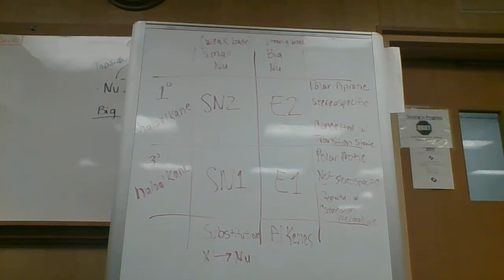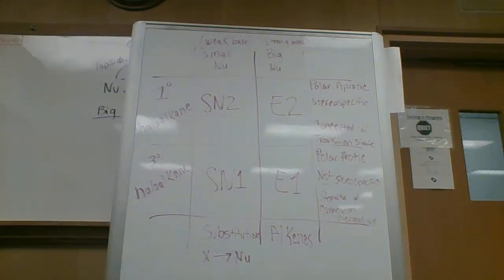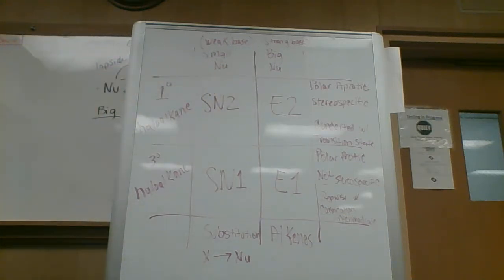If it was a strong one, we're going to talk about basicity because that's typically not something that he focuses a lot on, but I know he talked about it and it is in the book. So actually the strength of the base is a bigger indicator than the size. Okay. So if it was a strong, small nucleophile, it would probably go elimination. Okay. He would not give you that situation.